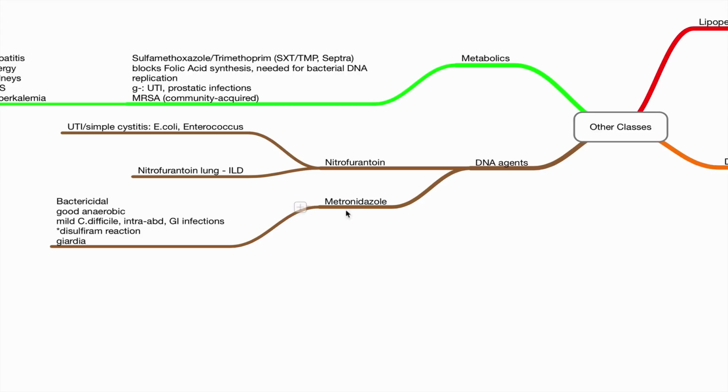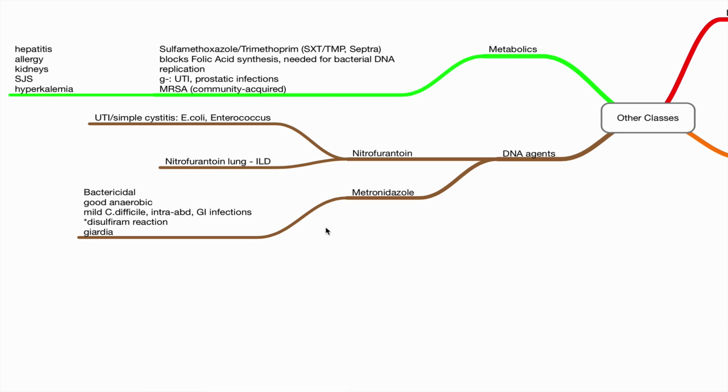And lastly, we have metronidazole. This is a commonly used medication, used both oral and IV. It is bactericidal. It has a good anaerobic coverage. It can be used for C. difficile, but in those cases it is only used in the oral form.